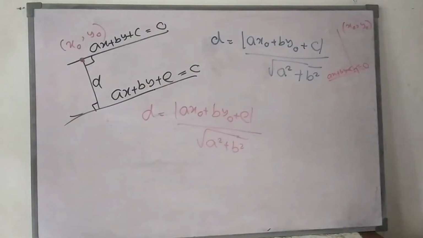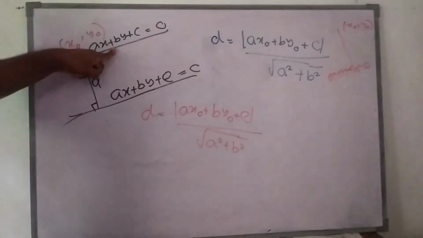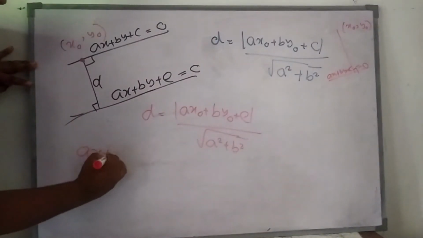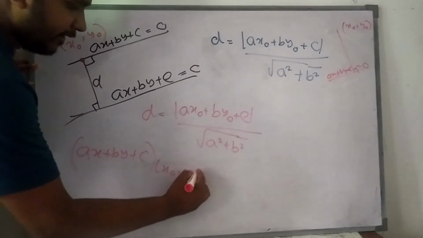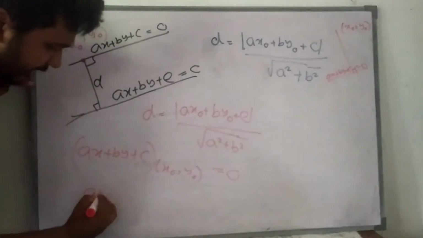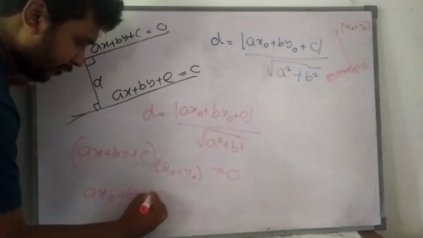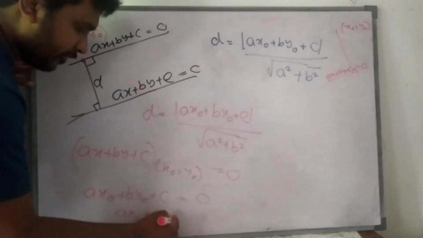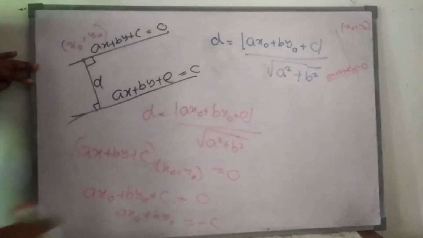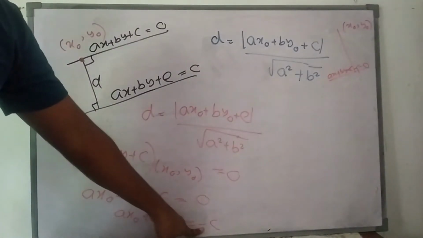And you know this point (x naught, y naught) satisfies ax plus by plus c. Therefore ax naught plus by naught plus c becomes 0, so ax naught plus by naught equals minus c, right? Now I am going to substitute this value into the formula.